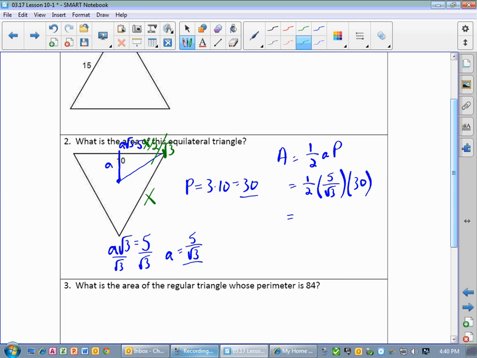So you could make the general argument that given the apothem, the perimeter would be 3, because there's 3 sides, times each side length, which was 2a square root of 3. And so you could make the argument that the perimeter will always be 6 times the apothem times the square root of 3. That'd be a generalization.